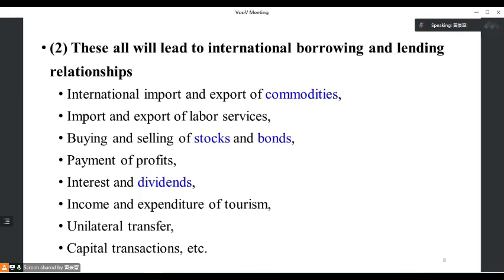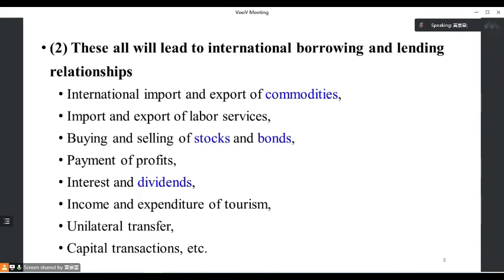This page of PPT tells us that import and export of commodities will cause international borrowing and lending relationship.